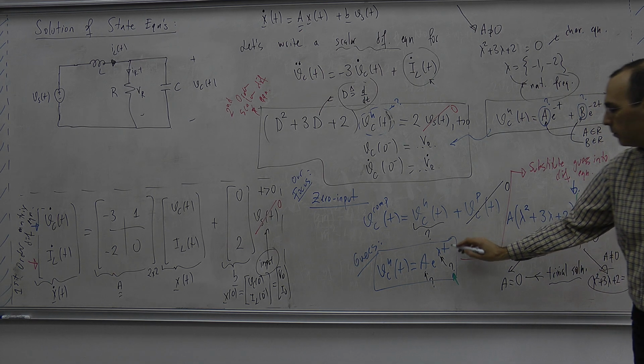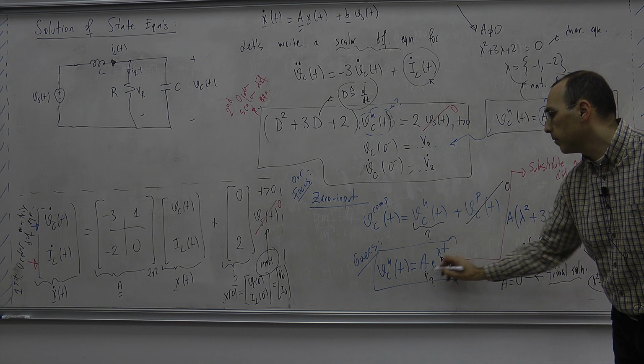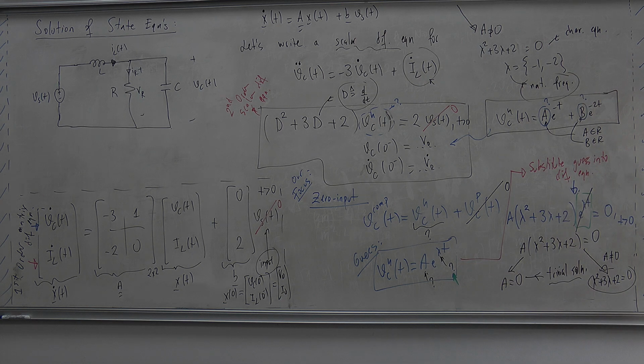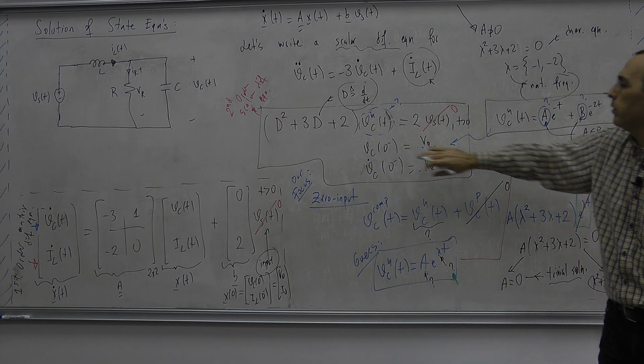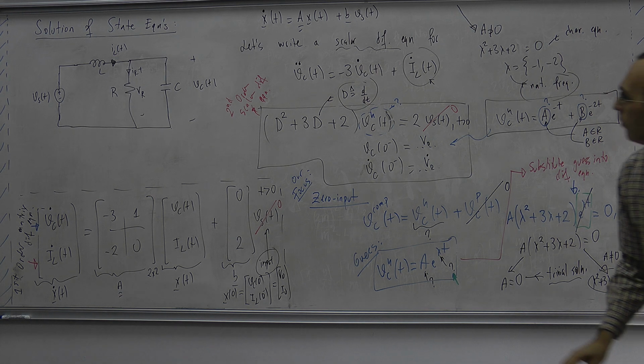And once you set these lambdas correctly, then you set these scalar coefficients A and B such that you satisfy the initial conditions. In many problems, initial conditions are given not at 0 minus but at, let's say, 0, because of the continuity. Then you immediately write those two equations and you solve for A and B. So this is the procedure.